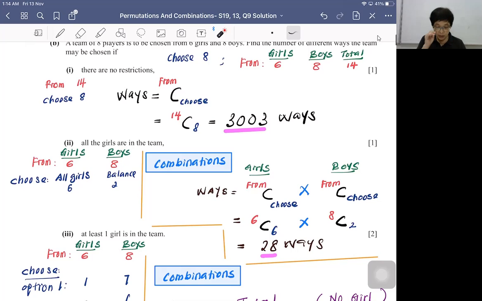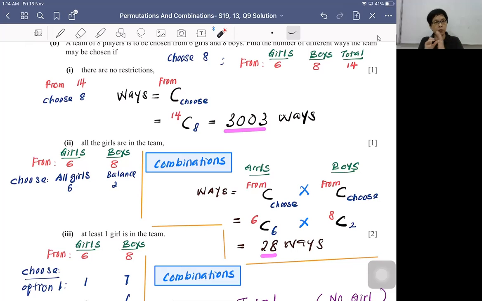Therefore, from this chart, we know from 6 girls, choose 6 girls. And then from 8 boys, choose 2. Those are the clear information that we have drawn from the question and the condition respectively.